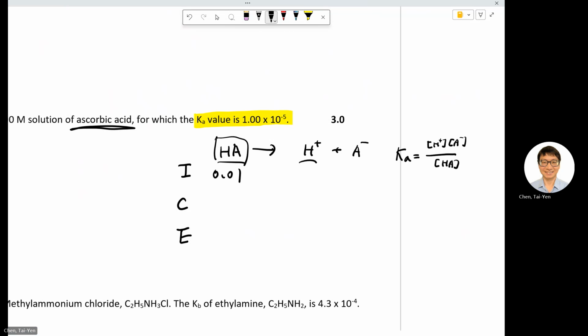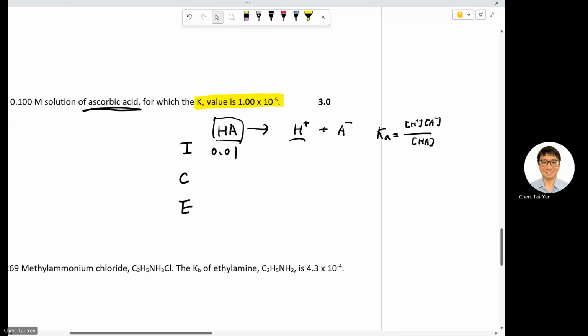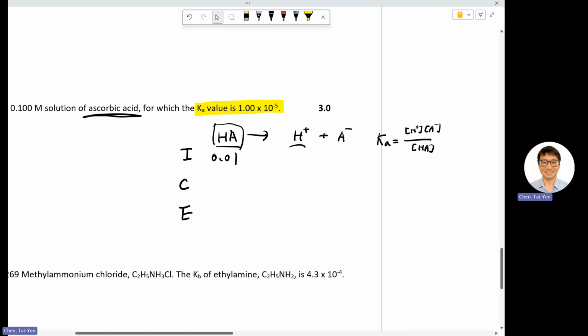All right. So once you write down its initial concentration, you know it is not a strong acid. Therefore, it's not going to dissociate 100%, right? Therefore, you say, assuming it dissociates by X, yes. Do I put 0.1 or 0.01?